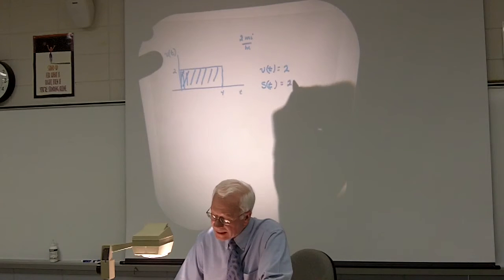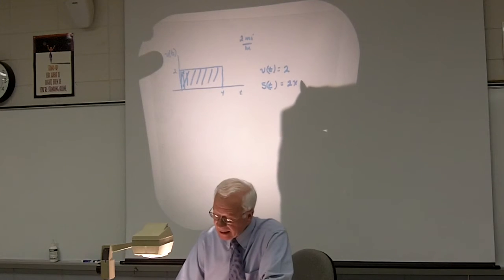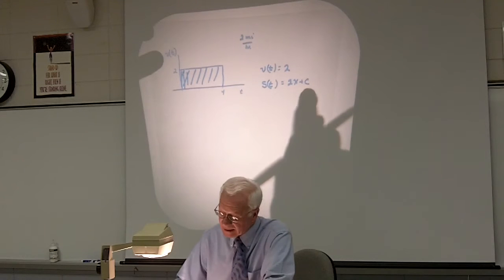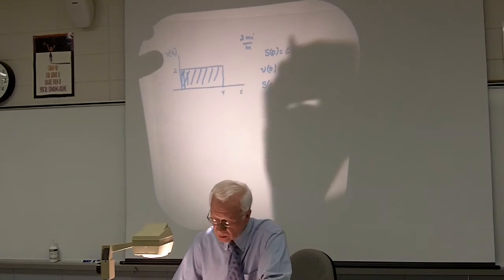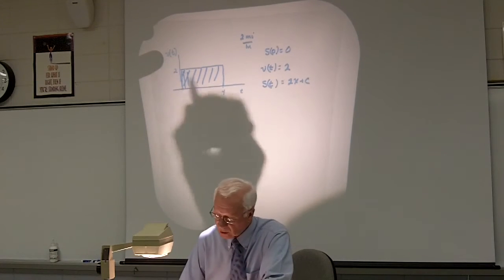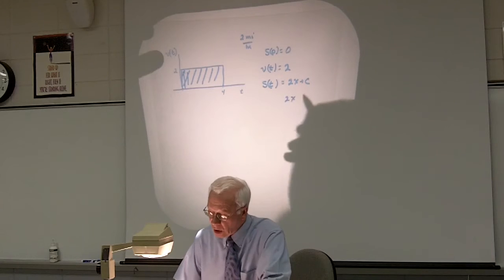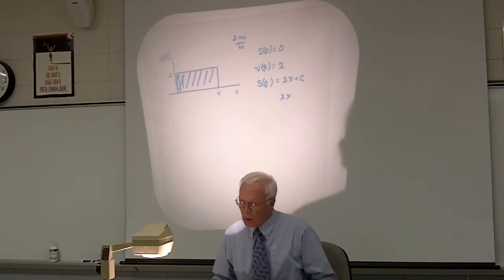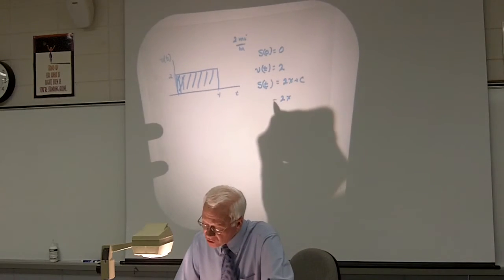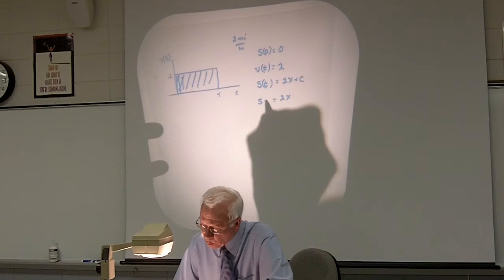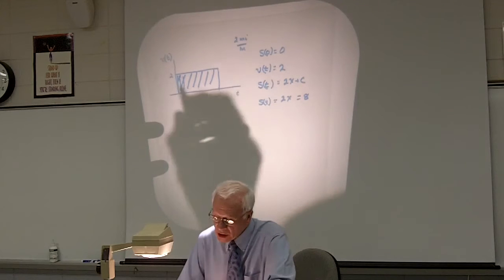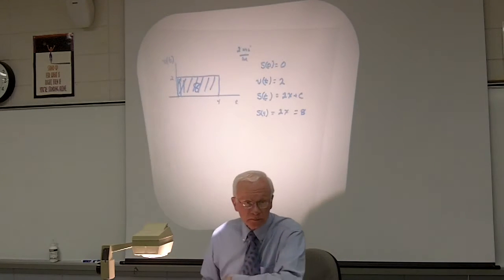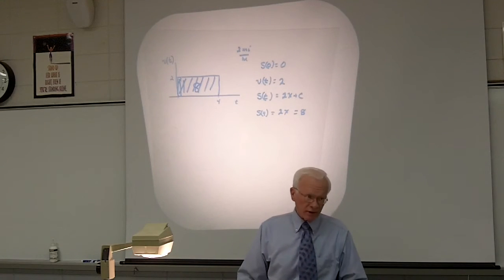Now I think in this problem I can tell you what c is, because s at 0 is 0. So it's just 2t. Now, the question is, what is s at 4? 8. And you also said this area is 8. That is no coincidence.